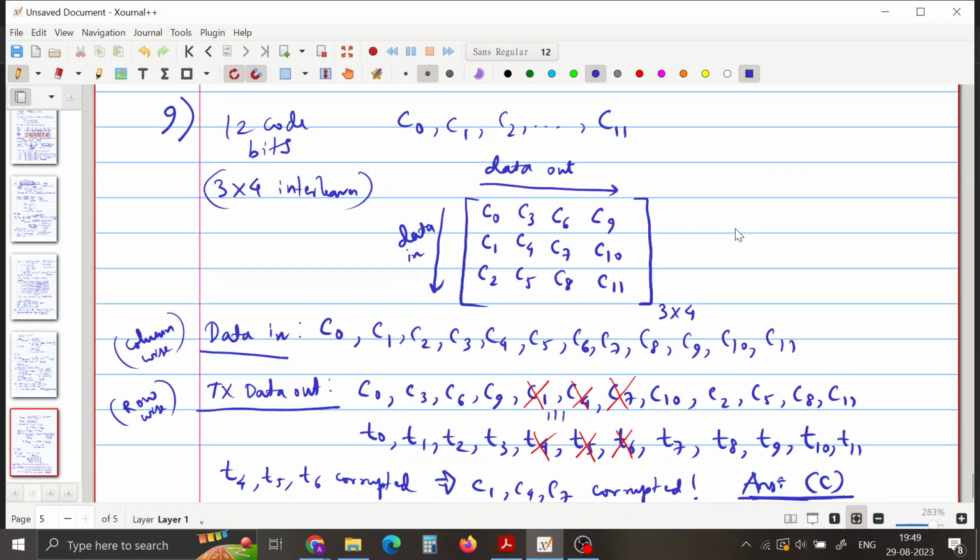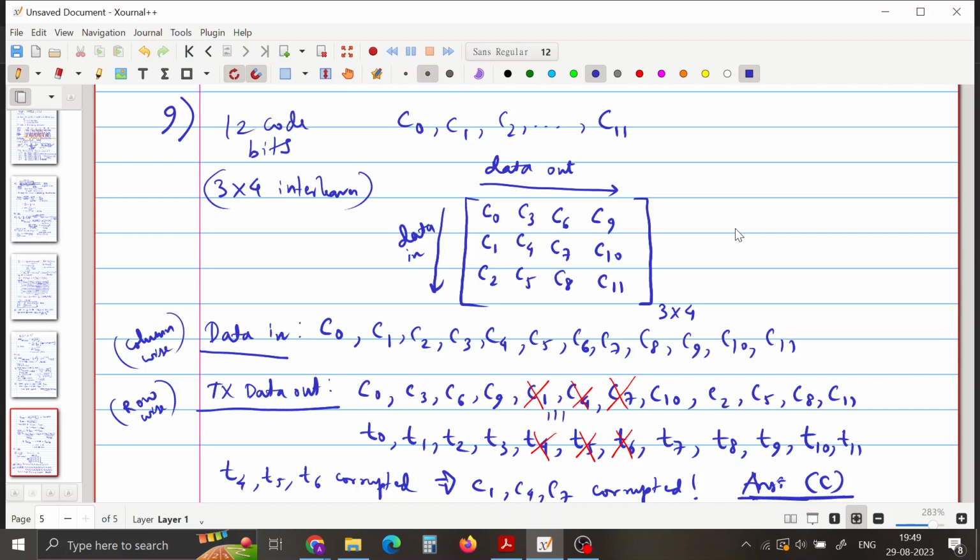The reason your data in is column wise and data out is row wise, in opposite orders, is just to randomize the errors. Whenever we encounter a burst error, that will randomize it. Burst error means a chain of consecutive errors, which is a difficult situation for forward error correction schemes.